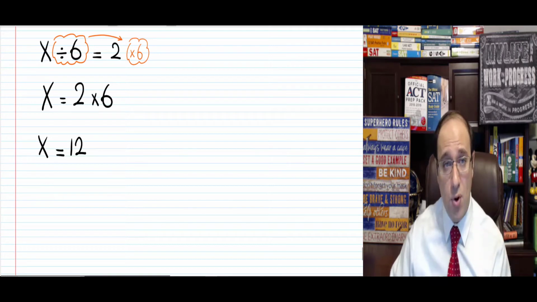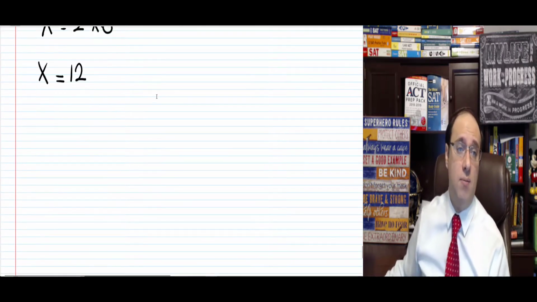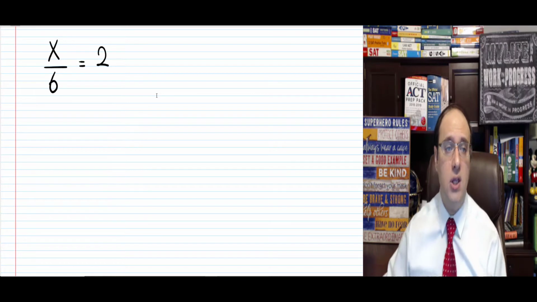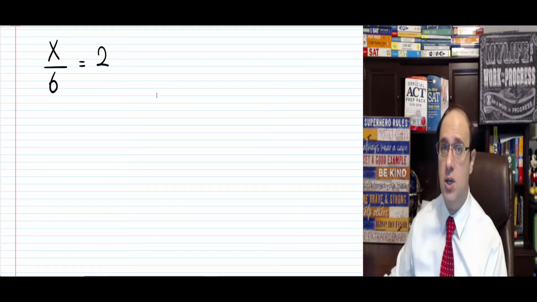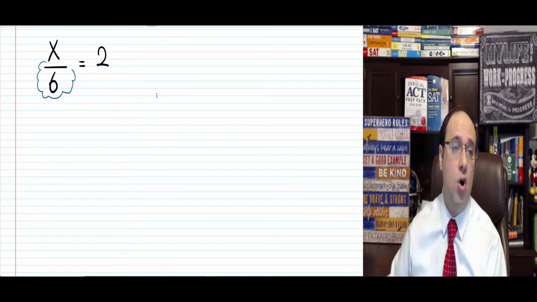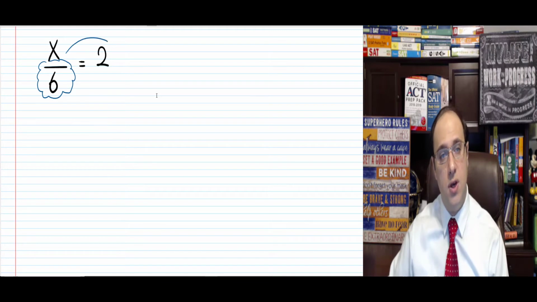Now, remember that we can also rewrite x divided by 6 as x over 6. So I can get the question like this. x over 6 equals 2. What's the meaning of over 6? Over 6 means divided by 6. So it goes to the other side as times 6.